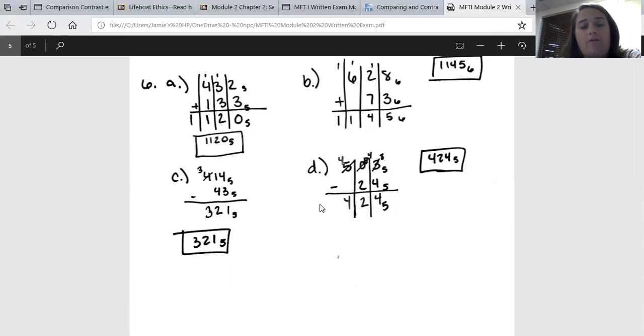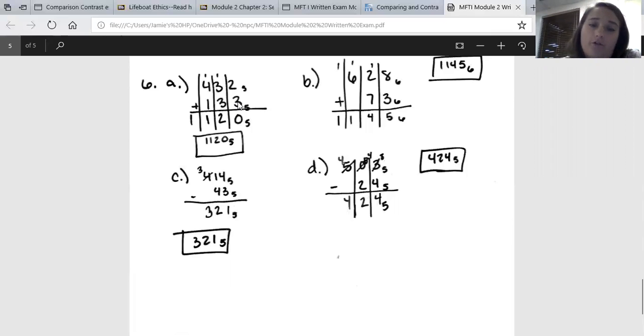But on base 5, it's following the same order of operation, but you can only use the numbers 0, 1, 2, 3, and 4. And so when it goes above that, you have to borrow when you're subtracting. You have to carry when you add.